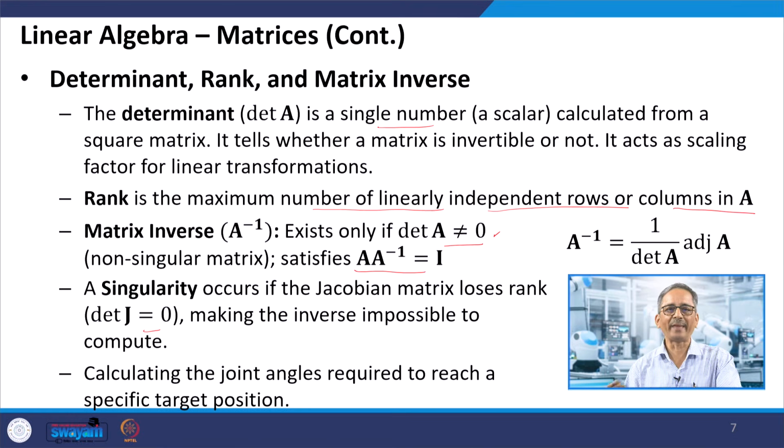So in that mapping we use this concept of the matrix inverse, and this is given as A inverse equal to 1 by determinant of A into adjoint of A. How the adjoint of A is calculated, you can refer to a standard maths textbook, you will get the information there.